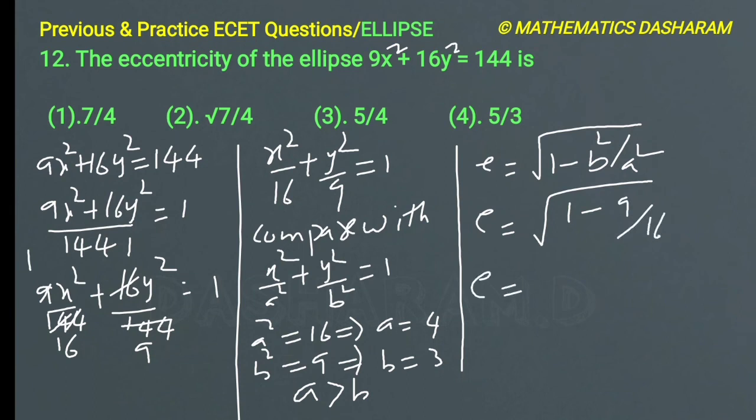Then 16 minus 9 is 7 by 16 under root. Then e equals root 7 divided by 4. So option 2 is correct.